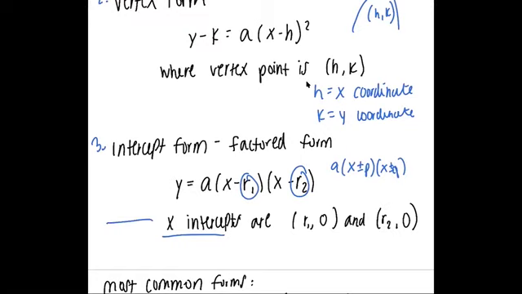So again, if this is my graph here, this is x-intercept 1 and x-intercept 2. This is at some coordinate (r1, 0). This is at some coordinate (r2, 0).